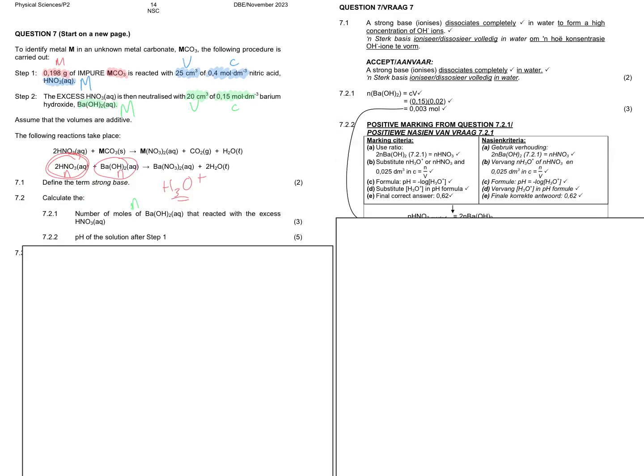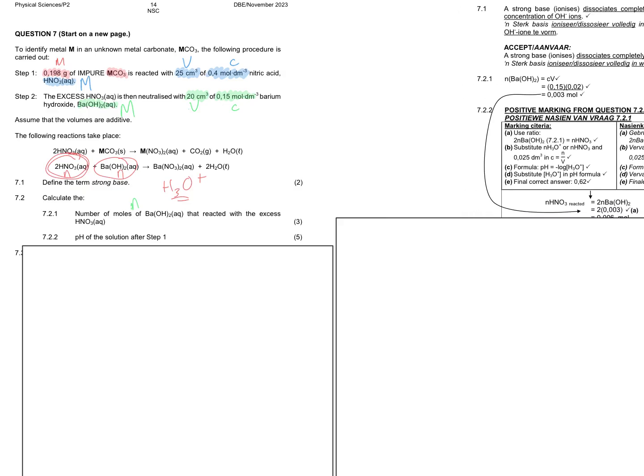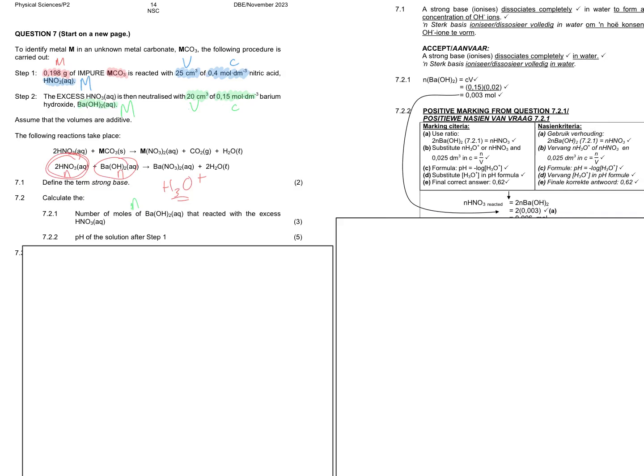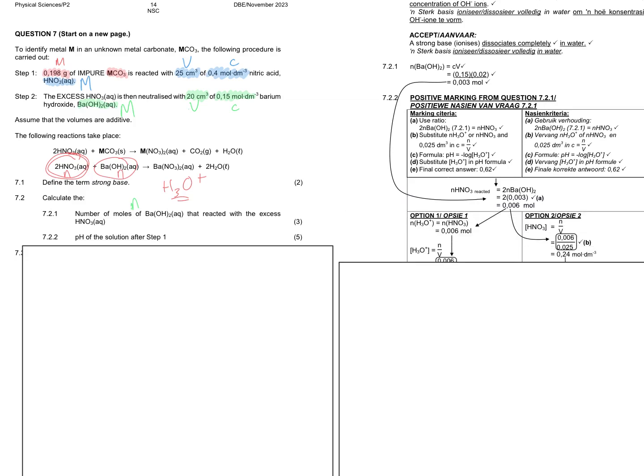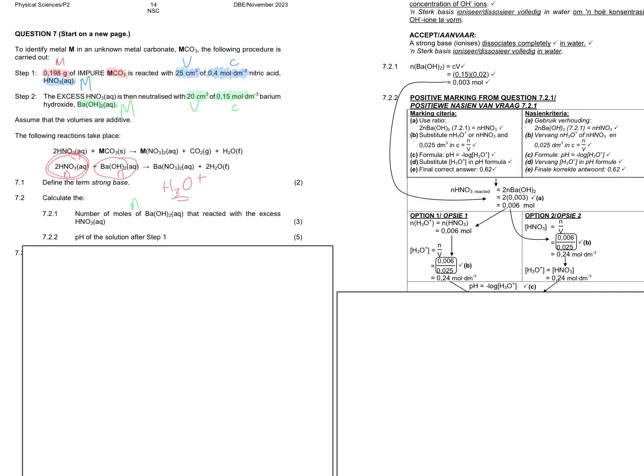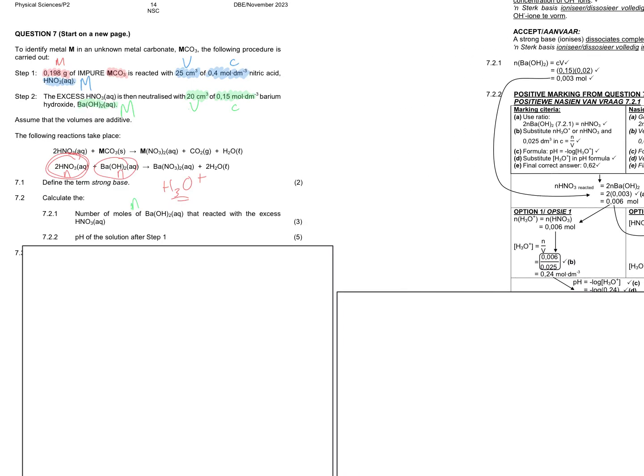It's slightly more work. So like I said, you use the ratio to work out how much HNO3 was left over, and then the number of moles of HNO3 is the same as the number of moles of H3O+. It's always ratios. Then you work out the concentration of the H3O+.